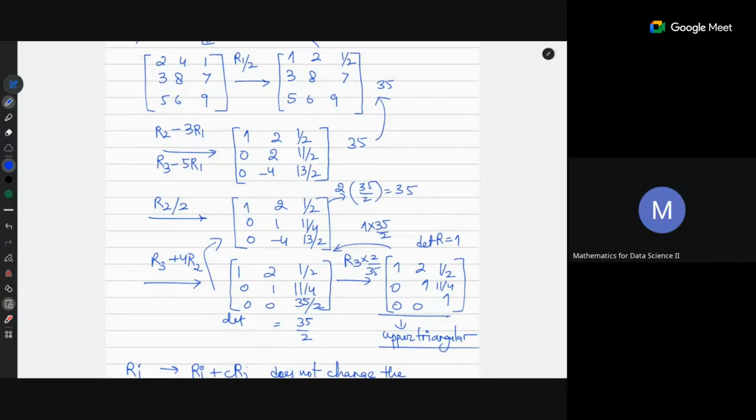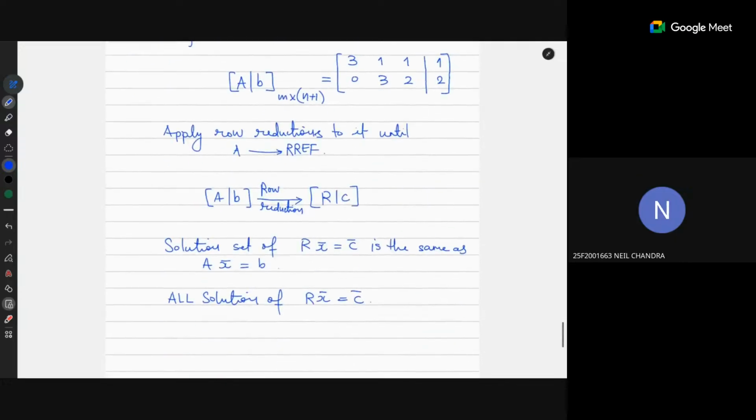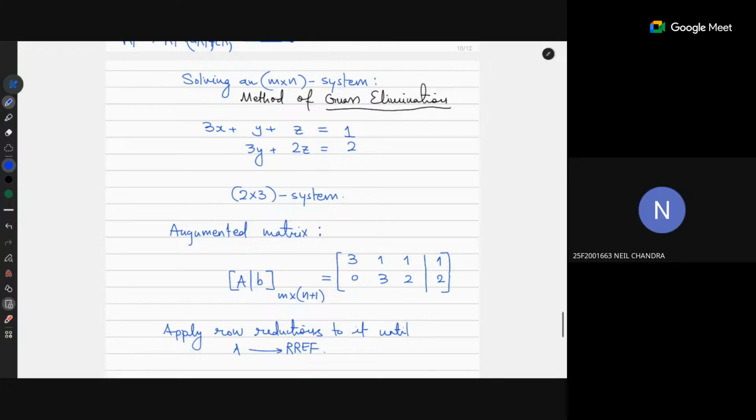Now let me take an example of Gauss elimination. Here we basically converted the original matrix into REF, and then we trace back the steps of row reductions to calculate the determinant of the original matrix.